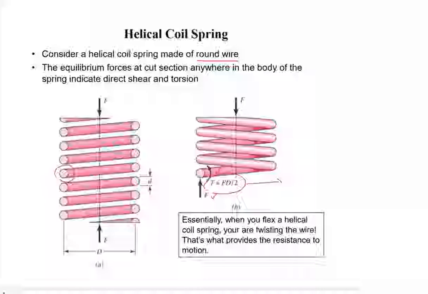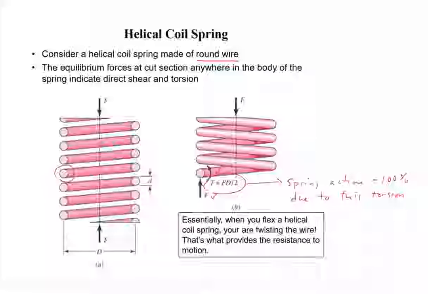So the spring action is virtually 100% due to this torsion. Let me explain what happens when you pull or push on an extension or helical coil spring.